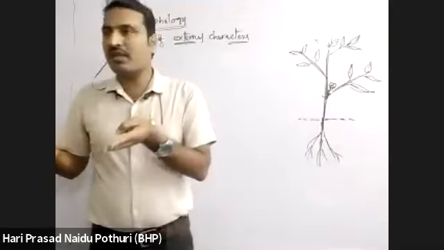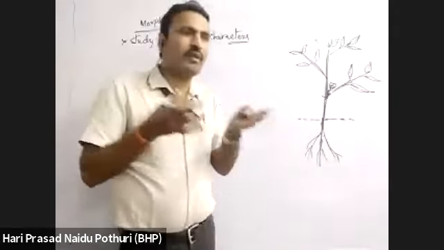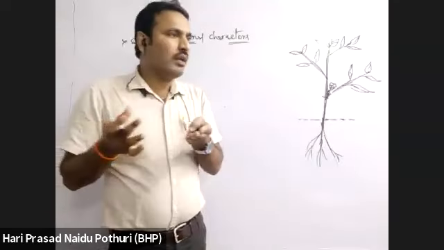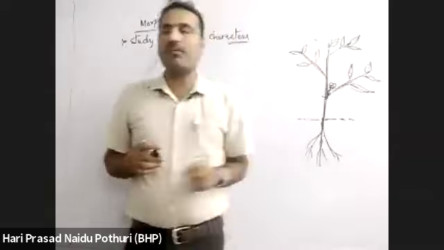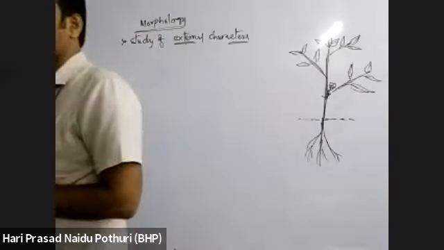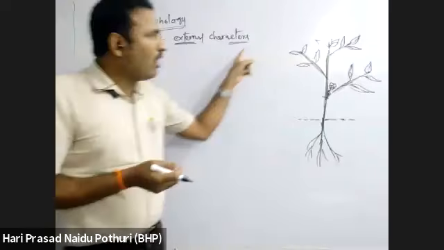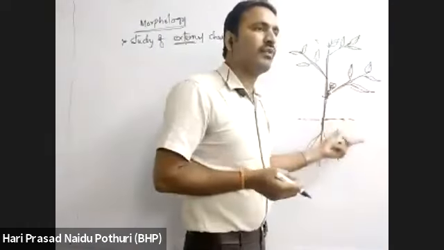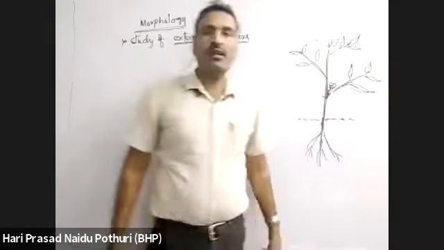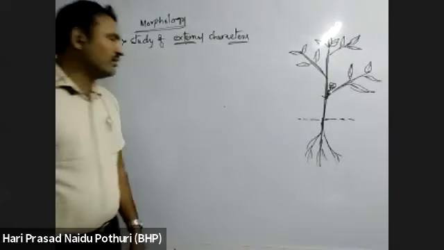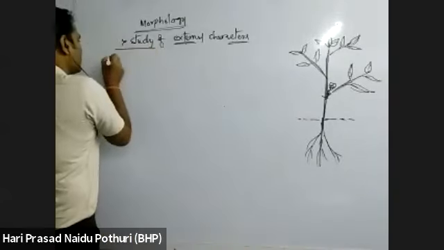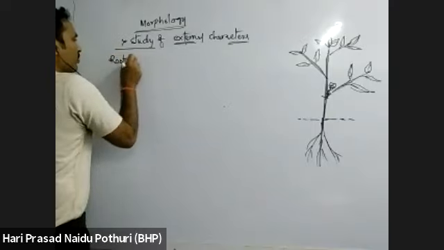Different types of flowers are there: male flower, female flower, bisexual flower. From the flowers only there is formation of fruits, seeds, everything. So the study of all these external characters of a plant is called morphology. In that morphology, first we'll see about the root system.